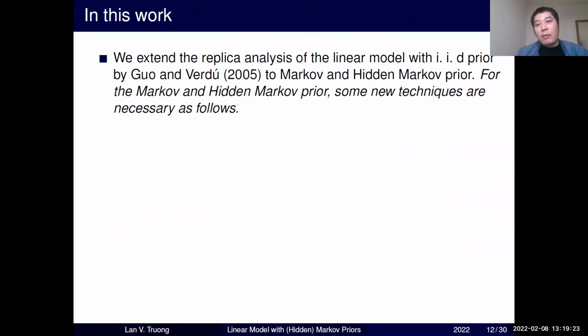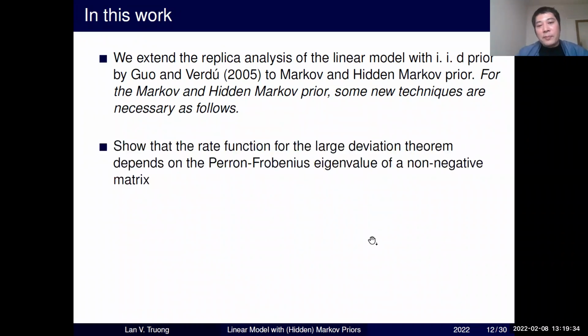Because the linear model with hidden Markov prior is different from the linear model with IID priors, we need to develop some new techniques. For example, when we use the large deviation theorem, we obtain a function of the Perron-Frobenius eigenvalue of a non-negative matrix. This is the log eigenvalue of a non-negative matrix. A non-negative matrix here means all elements are greater than or equal to 0, which is different from a non-negative definite matrix.